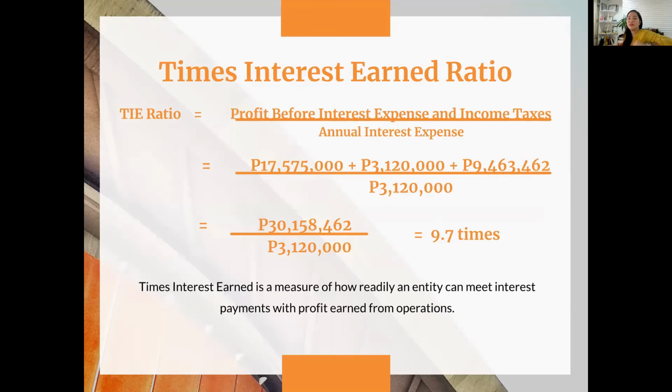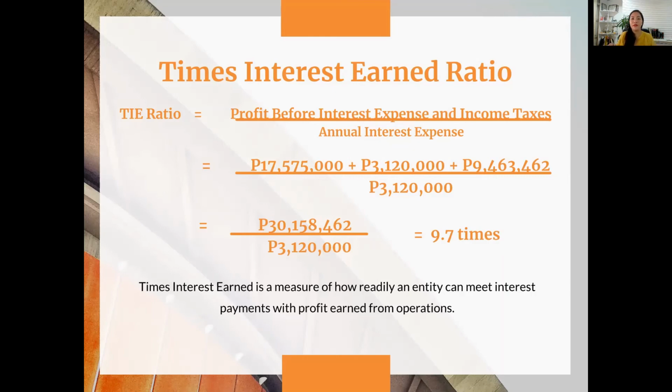The times interest earned ratio, or TIE, is one of the solvency ratios: profit before interest expense and income taxes over the annual interest expense.